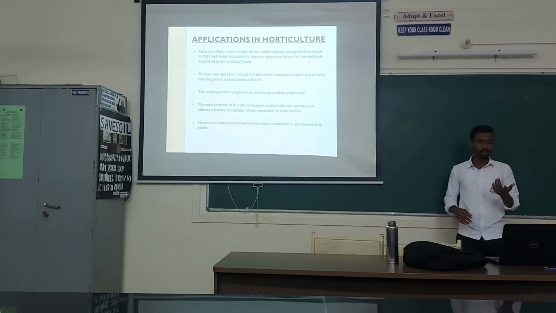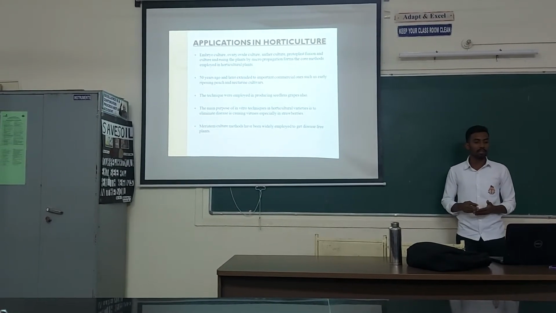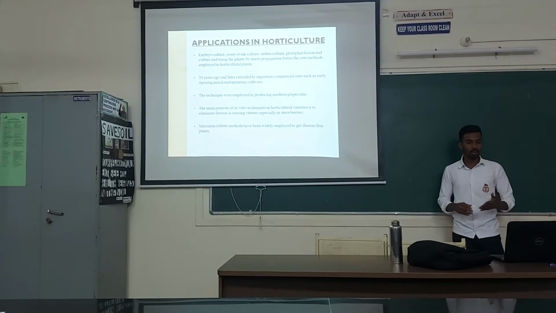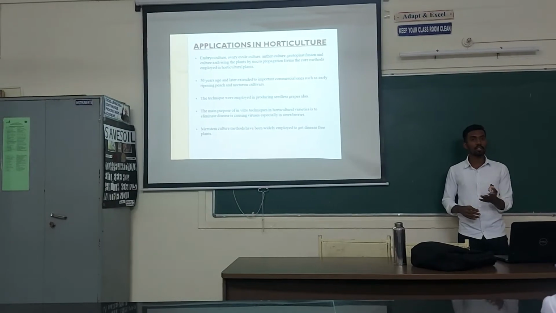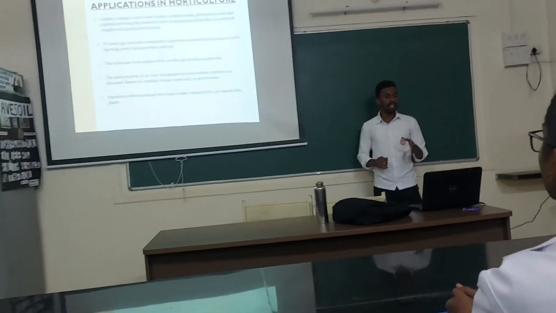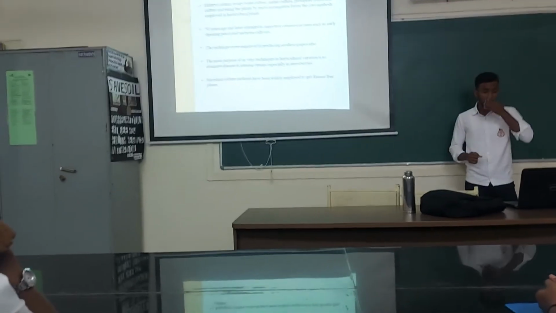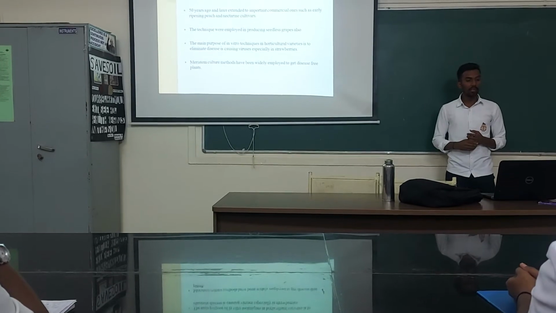Embryo culture, ovule culture and anther culture, protoplast fusion, and raising plants by micropropagation are core methods employed in horticultural plants. So these are the technologies which have been used in horticulture. Fifty years ago, these later extended to important commercial ones such as early ripening peach and nectarine cultivars.